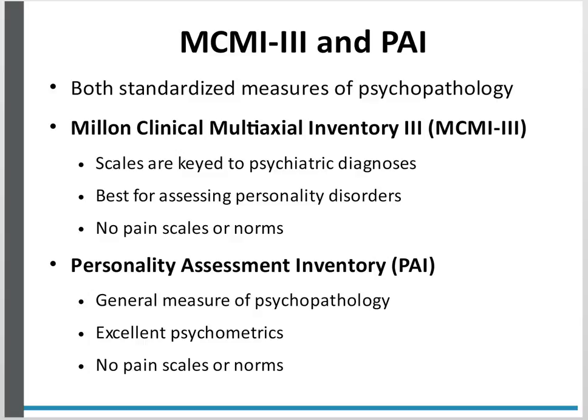If you have a patient who you think has a personality disorder, but you're not sure what type, the MCMI-3 is probably the best test. By the way, a new version of the test, the MCMI-4, is due out, I believe, in late 2015. Another strong contender is the PAI, another general measure of psychopathology, which is most remarkable for its excellent psychometrics.